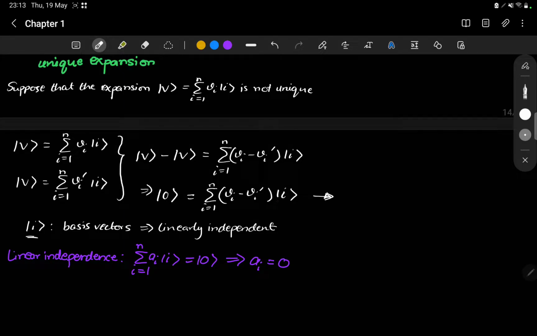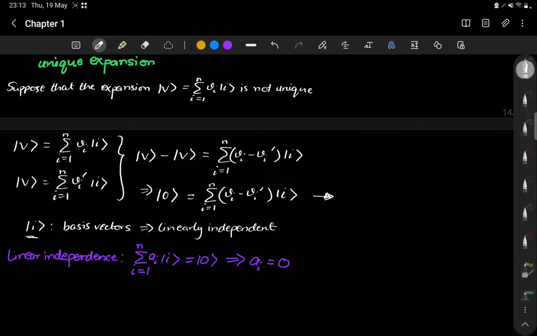So if we write it down, this is basis, this is null, and we see from the definition of linear independence that taking linear combinations of the basis and setting it equal to the null, we get the coefficients in that linear combination as the trivial solution.